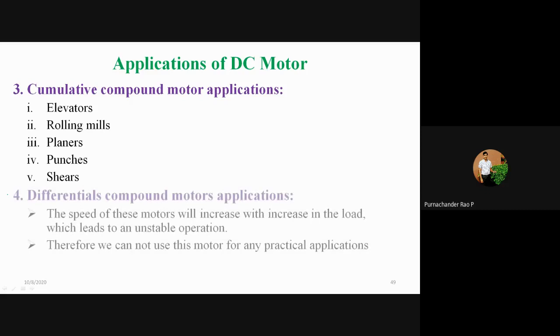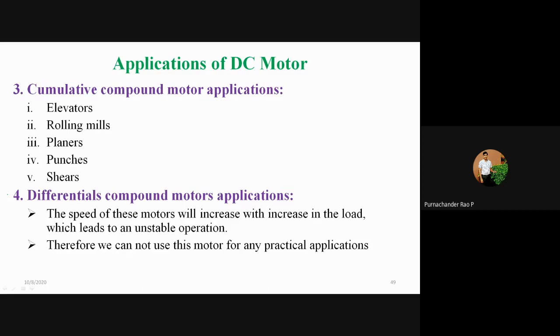And the last one, the differential compound motors. The speed of these motors will increase with the increase in the load, which leads to unstable operation. Therefore, we cannot use these motors for any practical applications. In any machine, as the load increases, the speed has to be reduced.